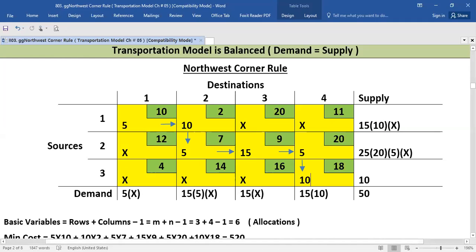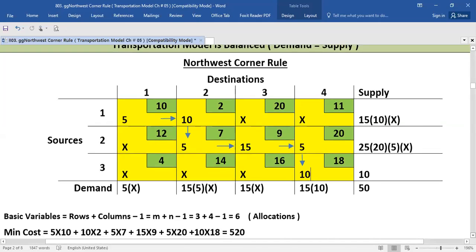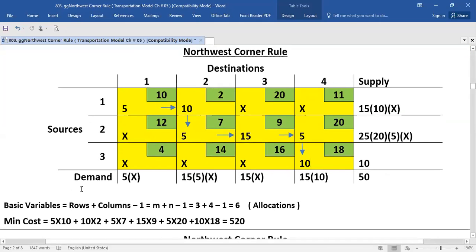So this was how the allocation was made. Next was the problem. Basic variables we have already calculated. Minimum cost will be calculated. You will multiply your allocated value with its corresponding cost. 5 has its cost 10. 10 has its cost 2. 5 has its cost 7.